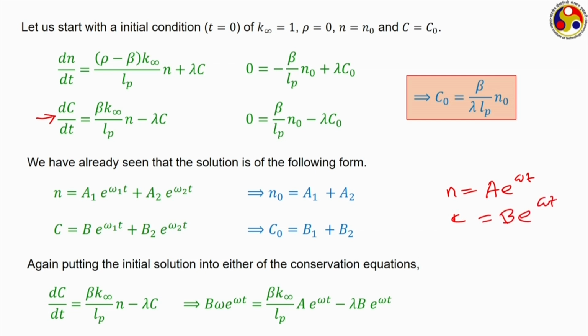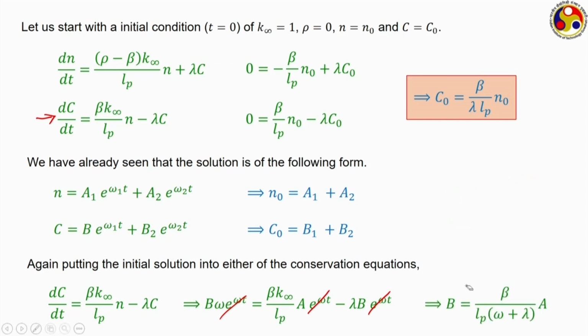Then this is the form that we are arriving at, from where e to the power omega t cancels out, and by rearranging we can say that b is equal to beta upon LP into omega plus lambda into A.